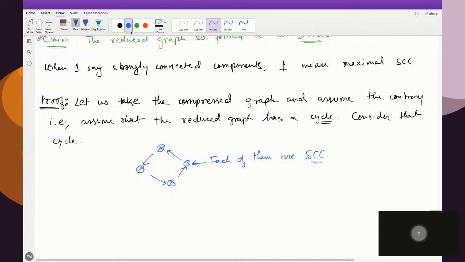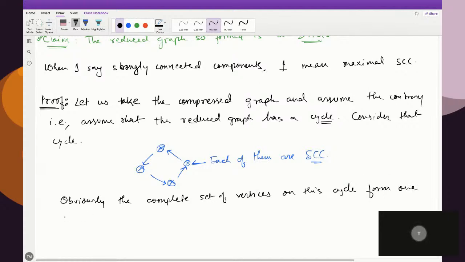So what I am claiming is, obviously, in such a case, the complete set of vertices on this cycle forms one strongly connected component.